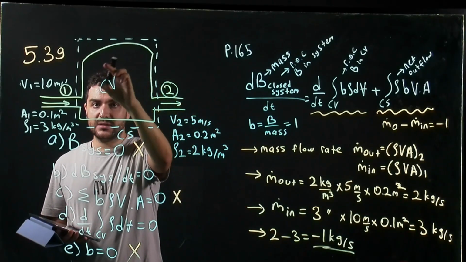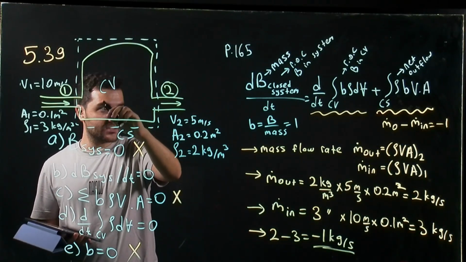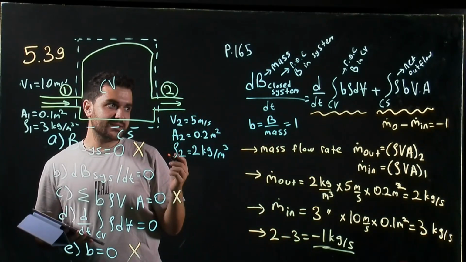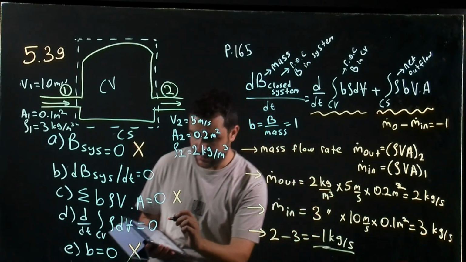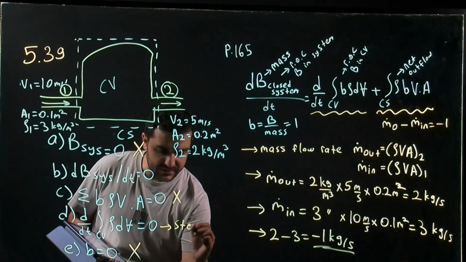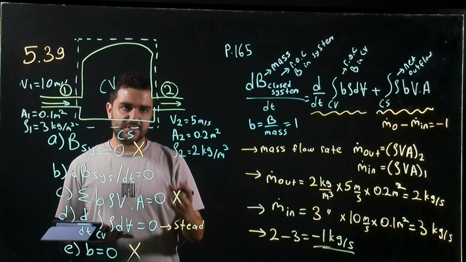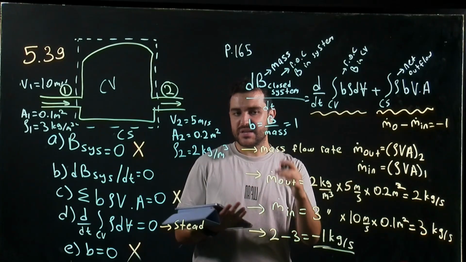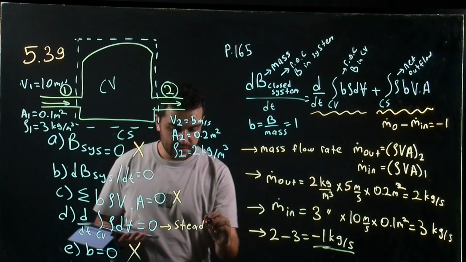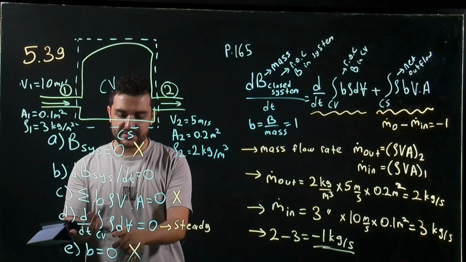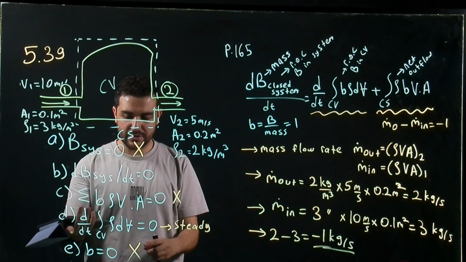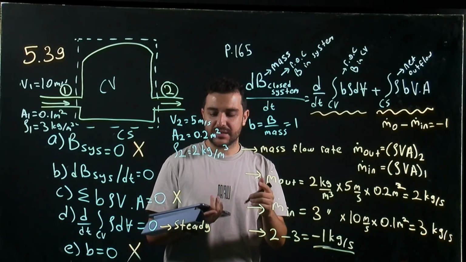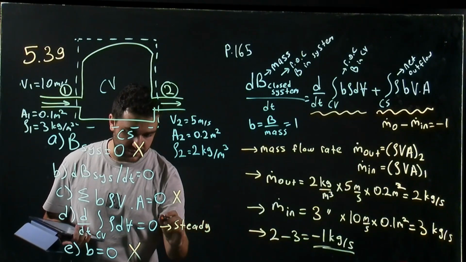So we can say that the rate of change of B in the control volume is not 0. Otherwise, it would be steady if it was 0. But in reality, we have mass flow rate changing with time, so we cannot say the rate of change of B in the control volume is 0, because as we calculated here, it is changing by time. So this is also wrong.